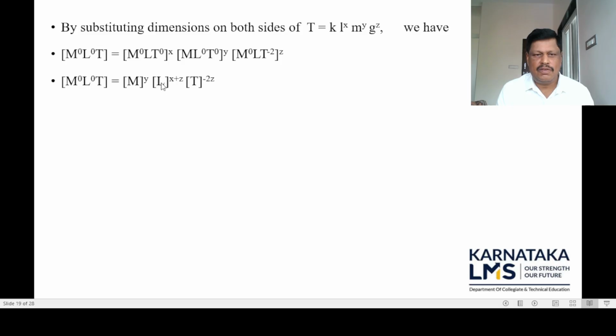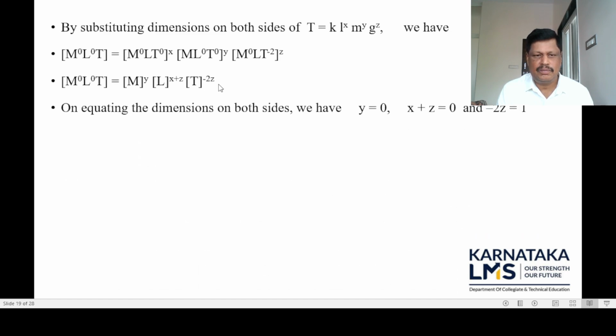So for L, we get L to the power of x plus z. Here T to the power of 0, there is no x term, no y term, so T to the power of minus 2z. So compare the values of y, x and z on either side of the physical equation.